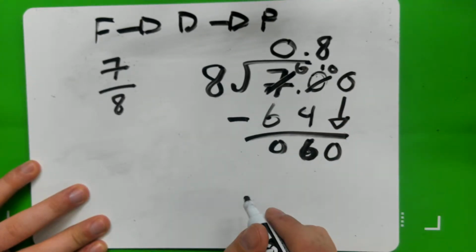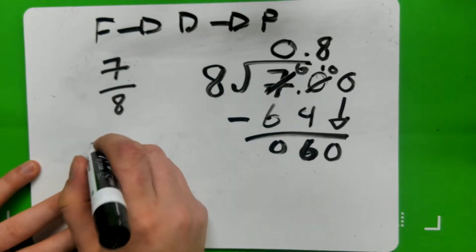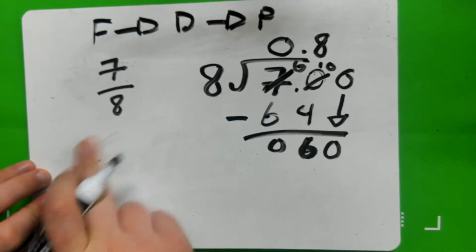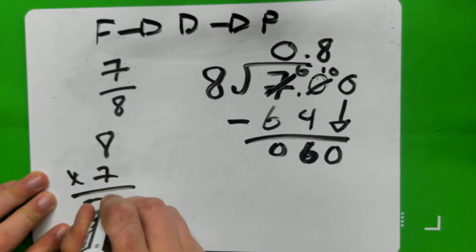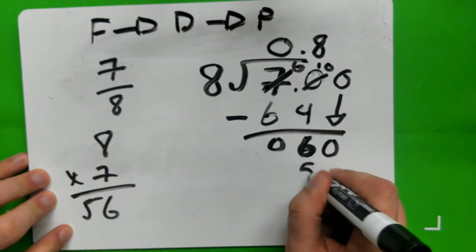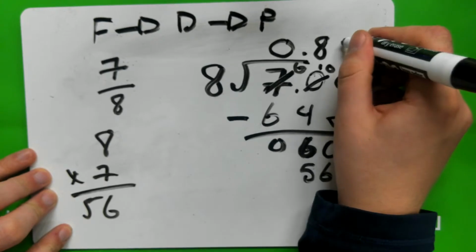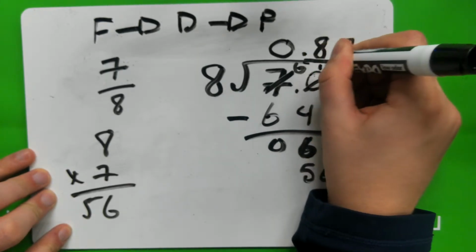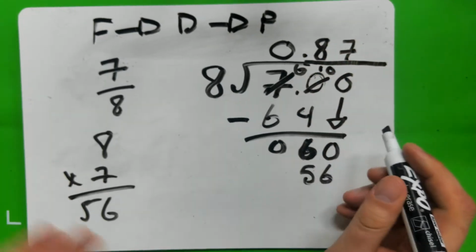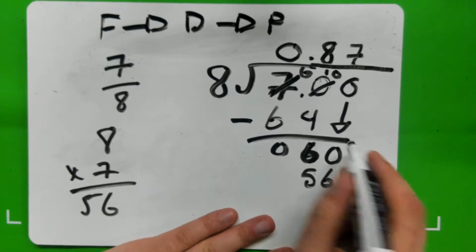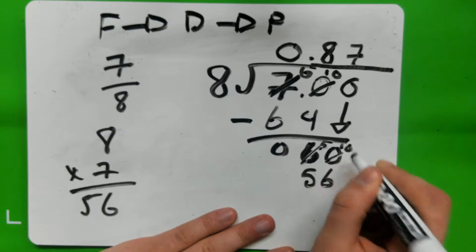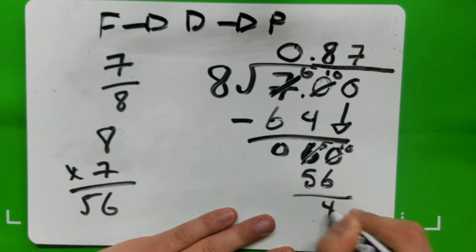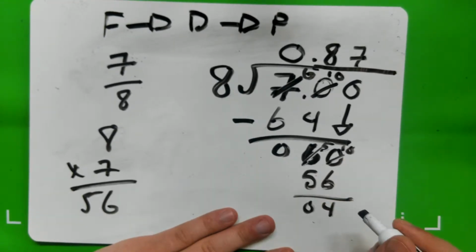Now I have 60, and 8 times 7 equals 56. So it can go into 56. So that means it went in 7 times. Okay. Again, can't take away 6 from 0, so I can carry from this. I get 10. Take away 6 is 4, and 5 take away 5 is 0.